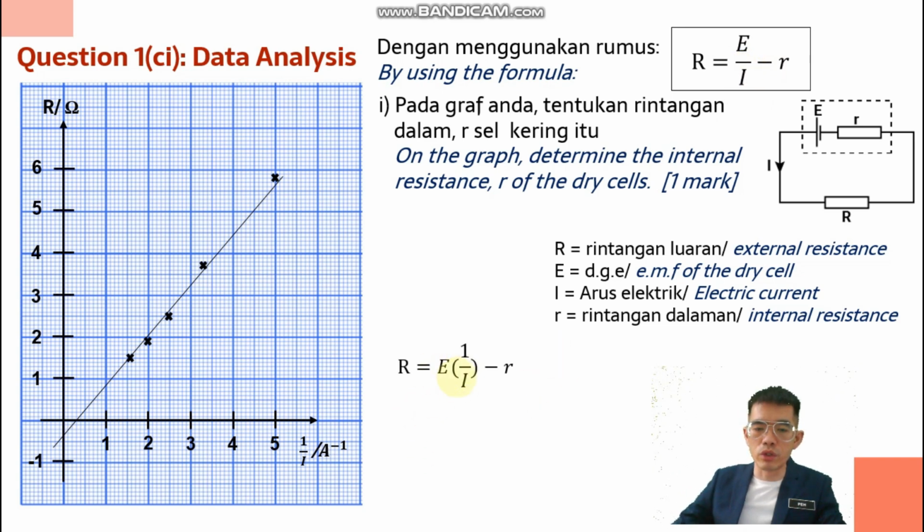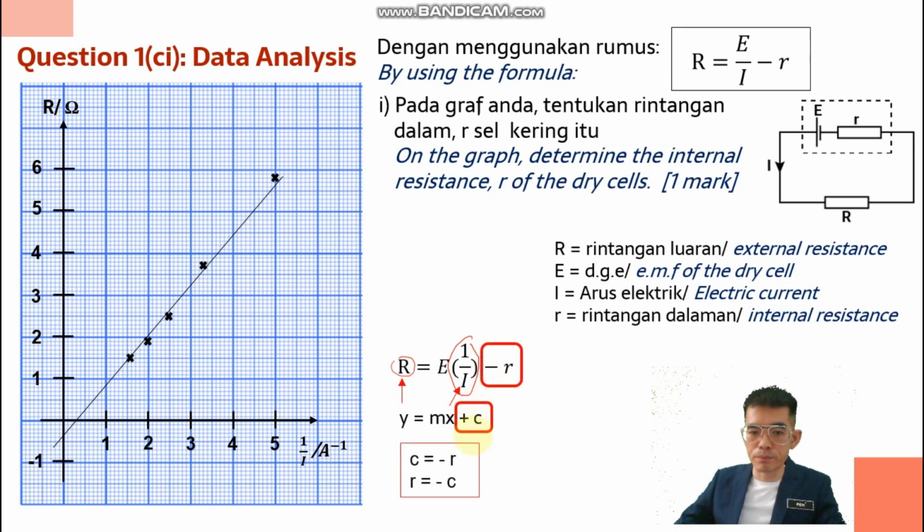So we have to rearrange the formula into the format of y equal to mx plus c. As we draw the graph R against 1/I, our y will be R and x will be 1/I. From here you can see that E, the E.M.F, represents the gradient, while the internal resistance represents the y-intercept.